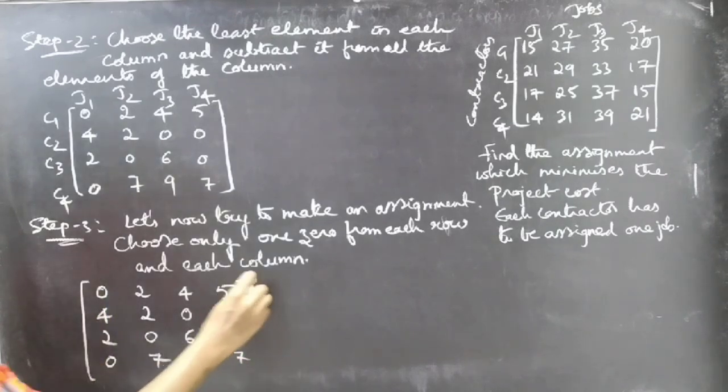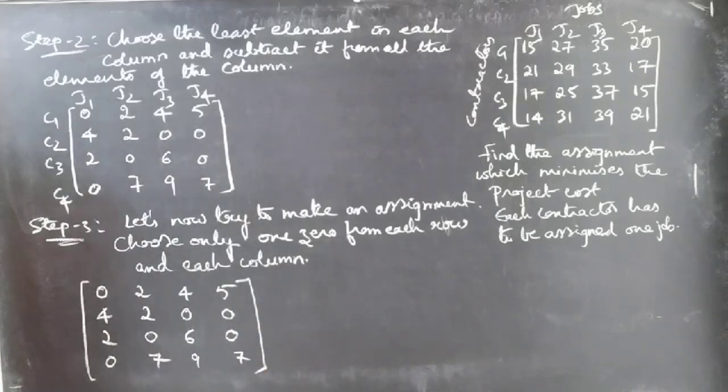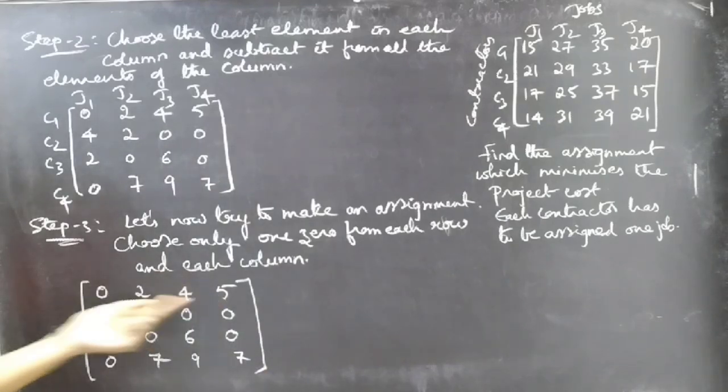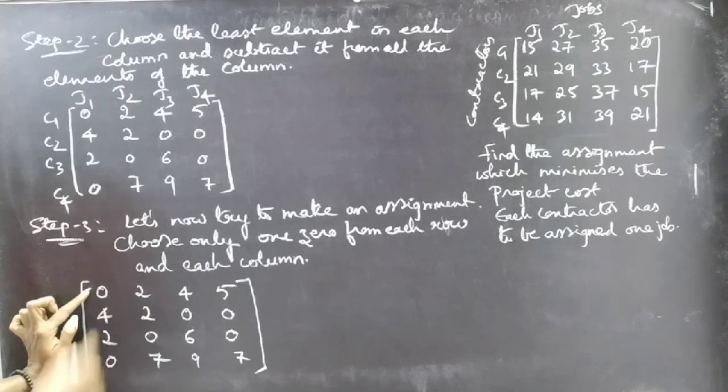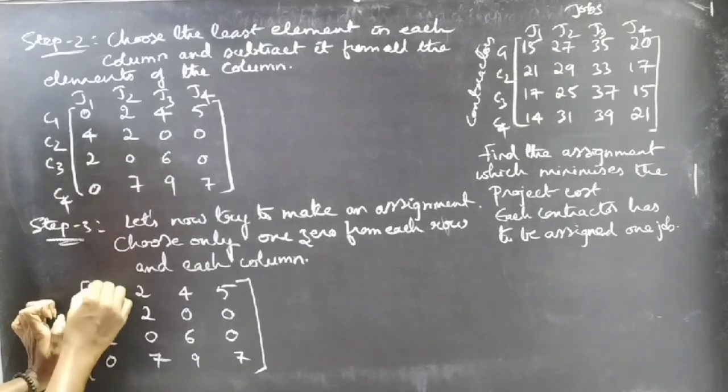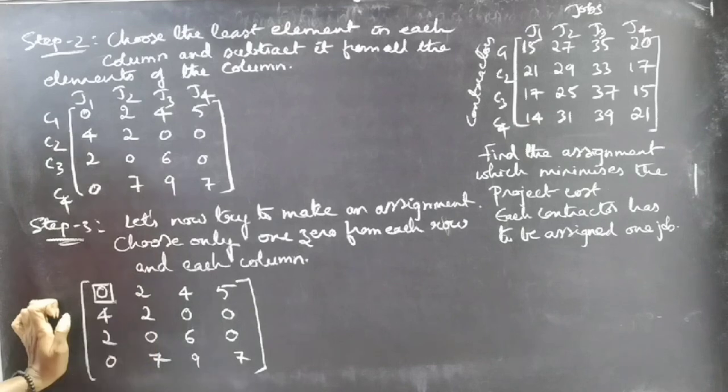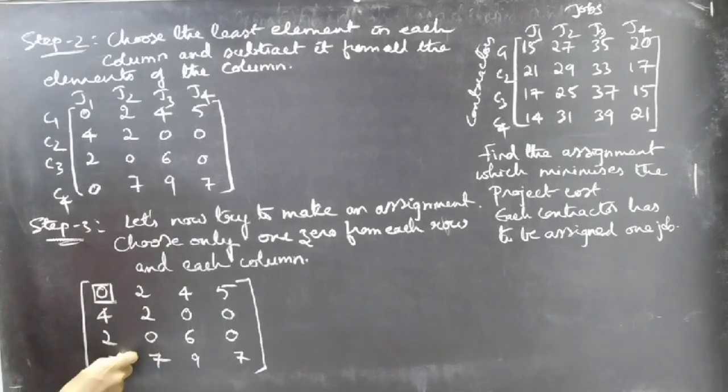Right? So I'll begin with the first row. In the first row we have one 0, right? But in the same column, in the first column we have another 0. Okay, so if you want to make an assignment, just mark the 0 and cross the remaining 0 in that same column or same row.